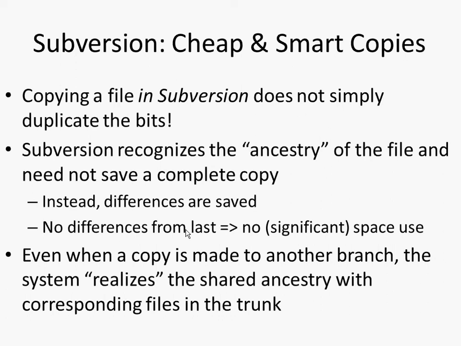So one thing to realize is it's not just duplicating the bits. It's actually more like a link. It says, okay, I'm creating a new way to access this square root.c file. It doesn't need to save the complete copy. It just saves essentially a difference from the last version.